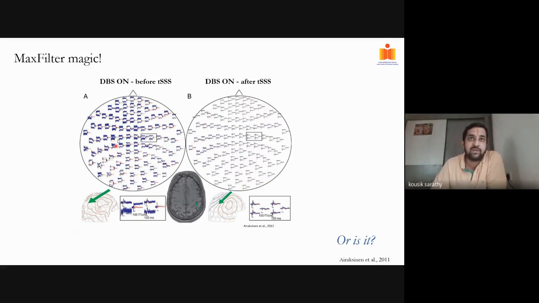And with deep brain stimulation on, you can see a lot of artifacts. And after filtering and applying TSSS, you can see that this vector here is the evoked potential, so the evoked field, right? And you can see the evoked field is far clearer after TSSS. This is a very crude way of showing it, but is it so clean?